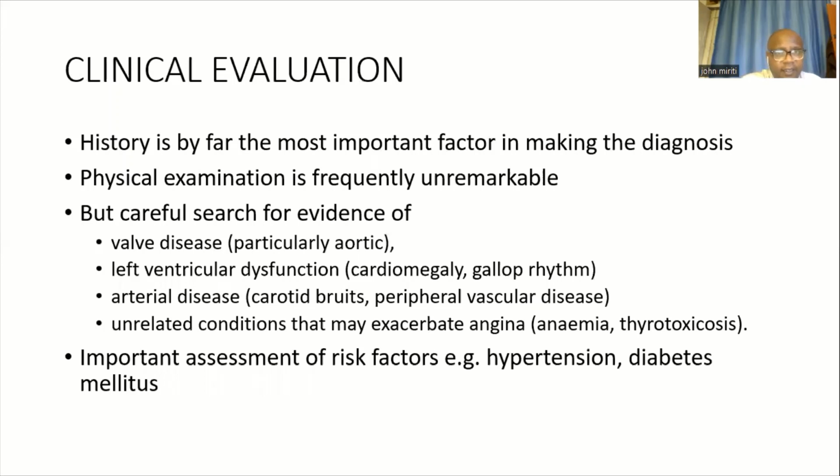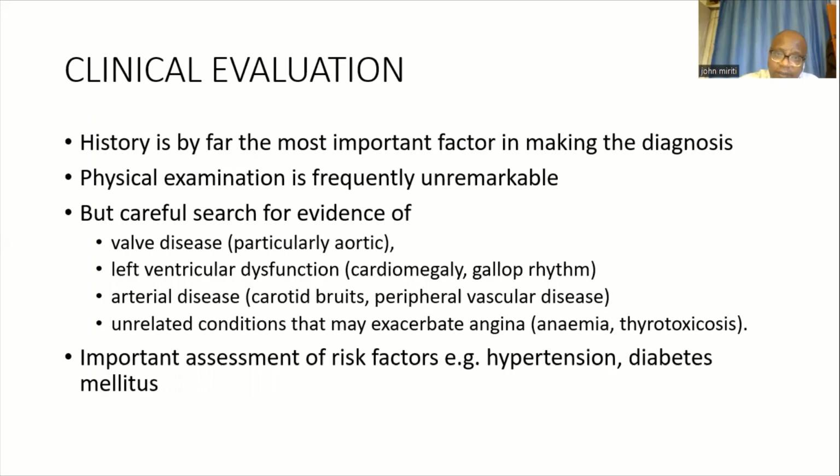So in the clinical evaluation of angina, history is by far the most important factor in making the diagnosis. You have to interrogate your patient properly. You do a physical examination, continue asking the patient, and be careful searching for evidence like valve diseases, particularly aortic, either aortic regurgitation or aortic stenosis.